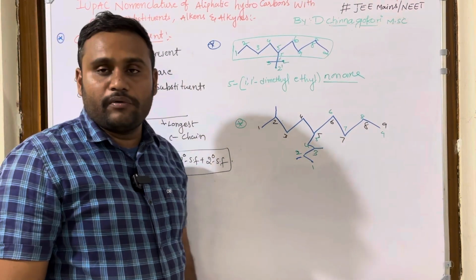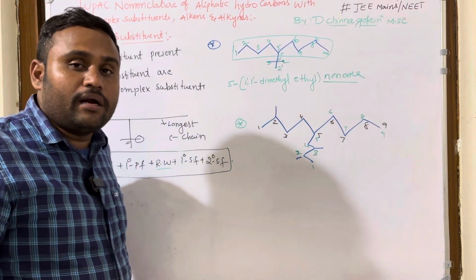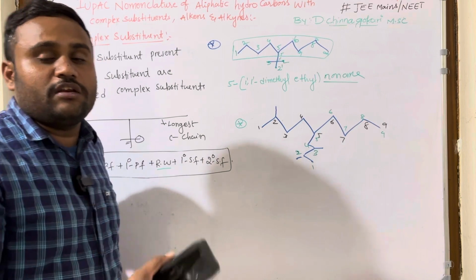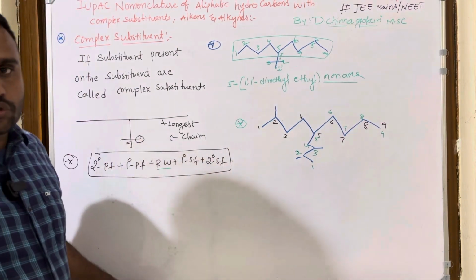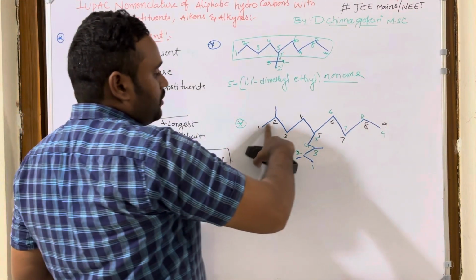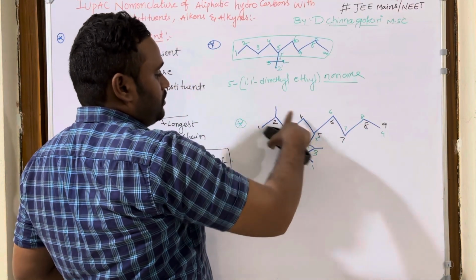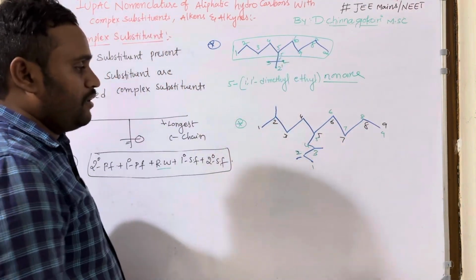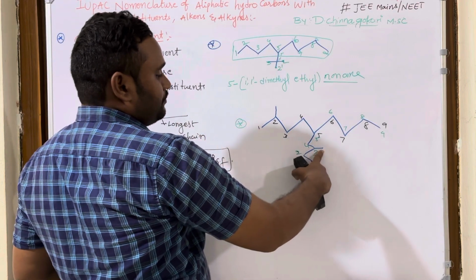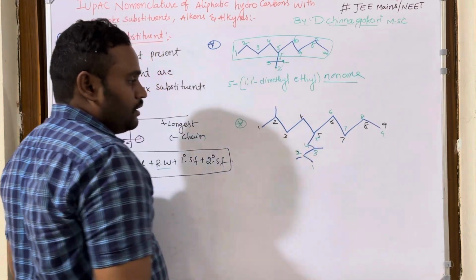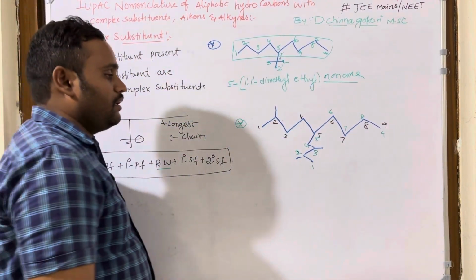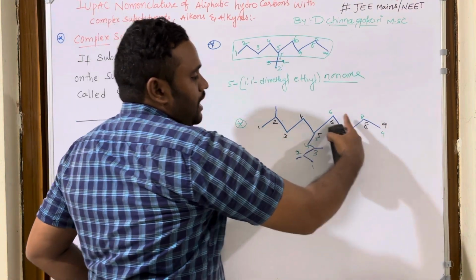So in that case we select the carbon chain which has more substituents. When you go in this direction we have only 2 substituents, but when you go in this direction, 1, 2 and 3 substituents are there. That's why we consider this, written in green ink, as the longest carbon chain.